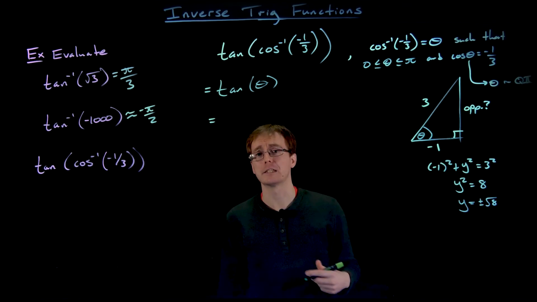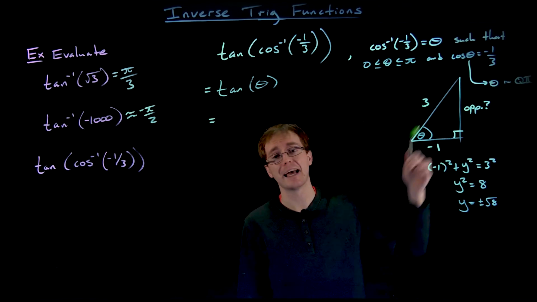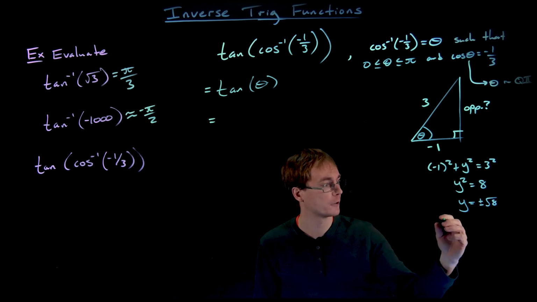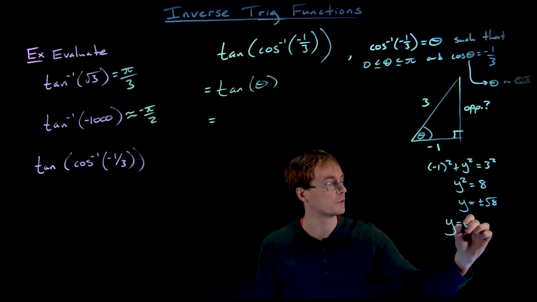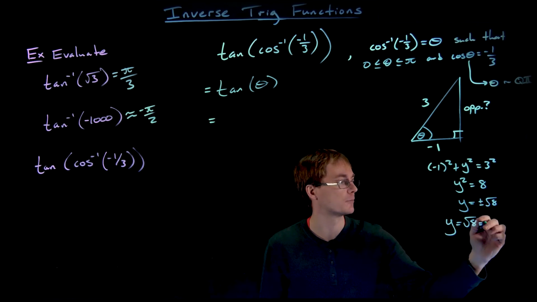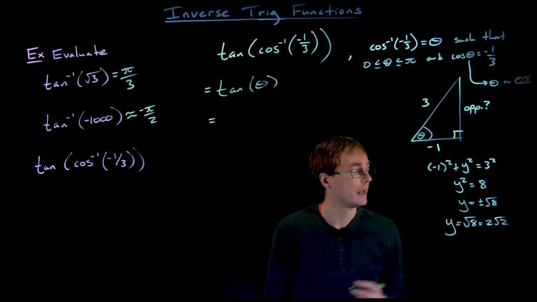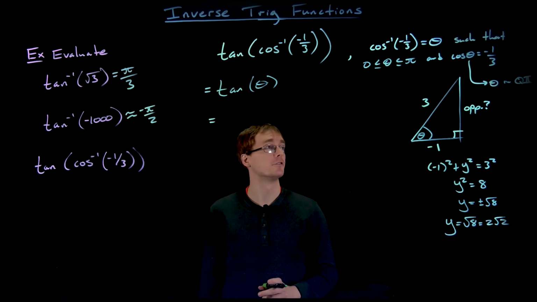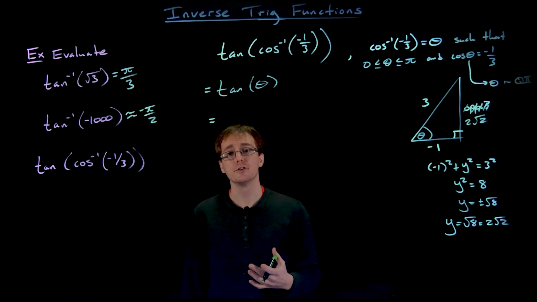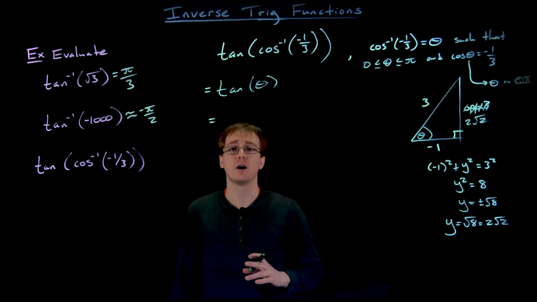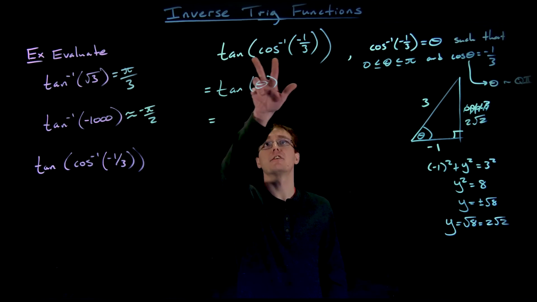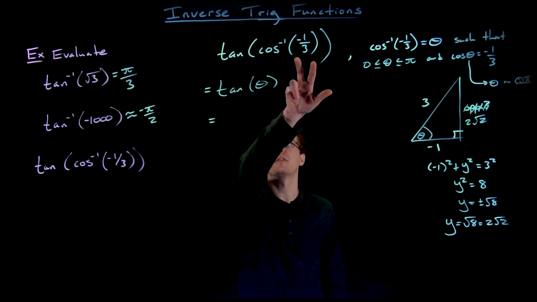But here we need y to be positive to ensure that we end up in the second quadrant for this angle. So y is going to be equal to the positive square root of 8, which we could simplify, if we wanted to, as 2 times the square root of 2. And so what this now allows us to do is evaluate our original composition. What is tangent of cosine inverse of -1/3?